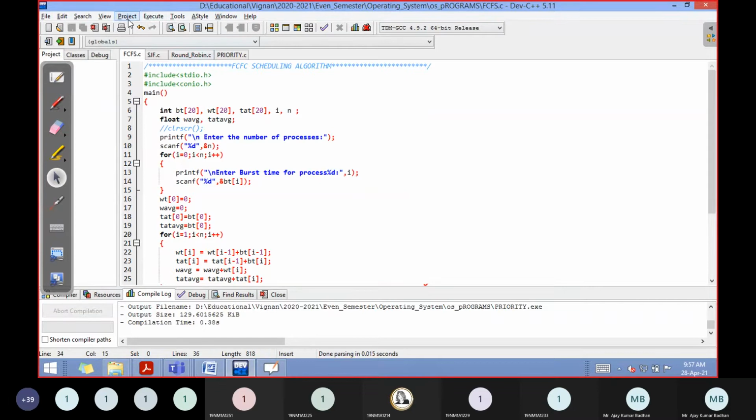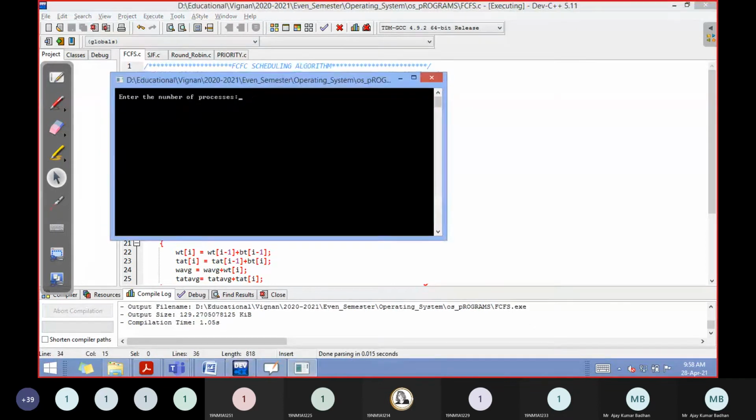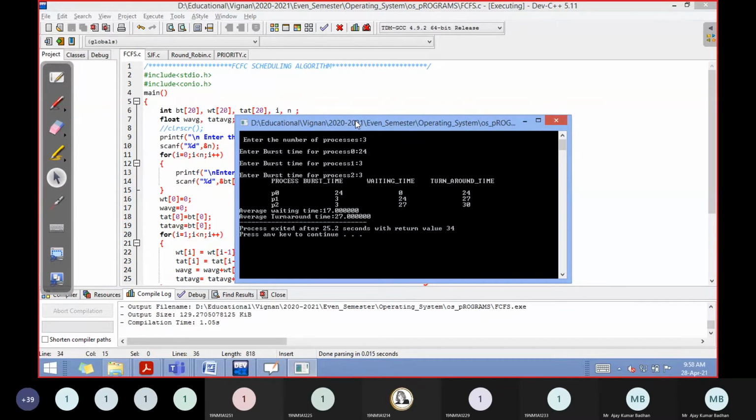So let me execute and show you the output, whether we got the same output or not. F11. Fine, you got the window here. Here, how many processes we gave is 3. The burst time for the first process is 24, and the next process we have given as 3, and the third process we gave as 3.